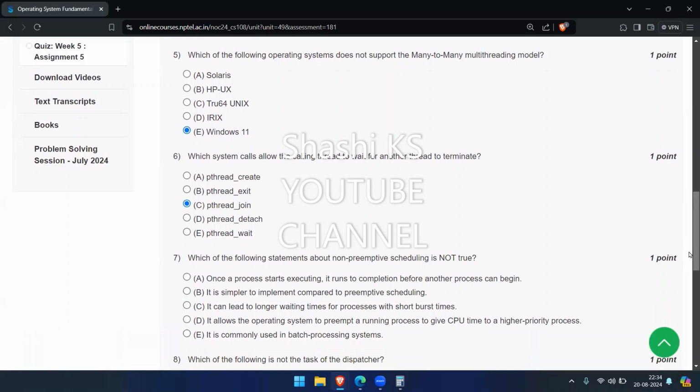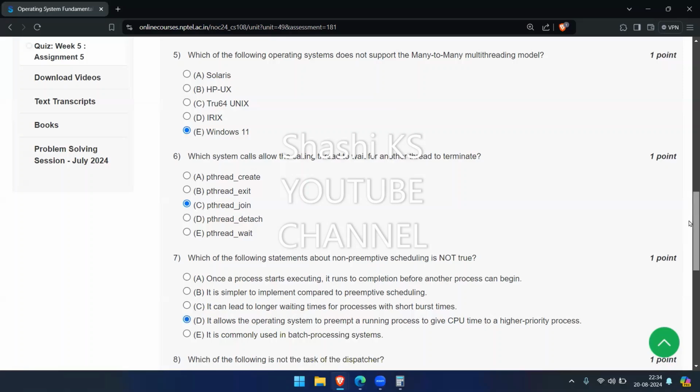It is commonly used in batch processing systems. In option D, preempting a running process for a higher priority process happens in priority scheduling. In non-preemptive scheduling, as the name says, the OS will not preempt a running process. So the right answer is D.